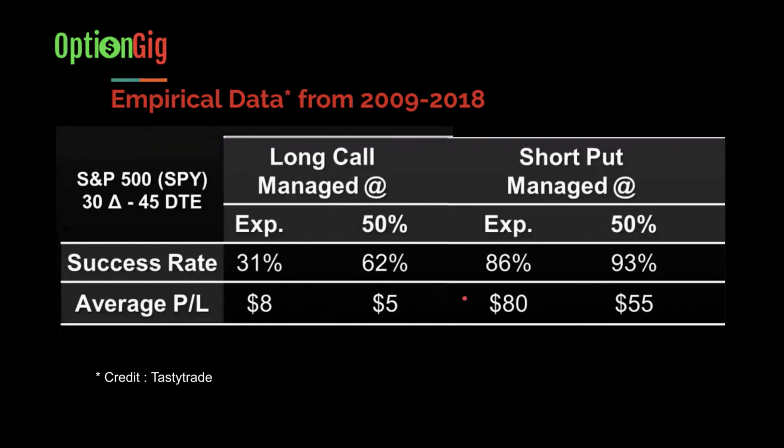In the long term, we end up making a lot more than just buying a call. If you buy a call, the stock needs to do a lot more work to make money for you. But if you sell a put, even if the stock doesn't do anything, you still make money. You only lose money if the stock goes against you by a lot more than the premium that you gathered.